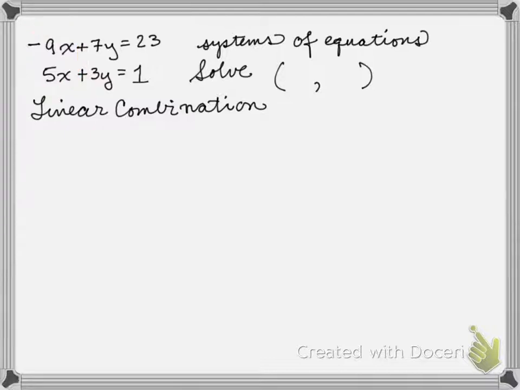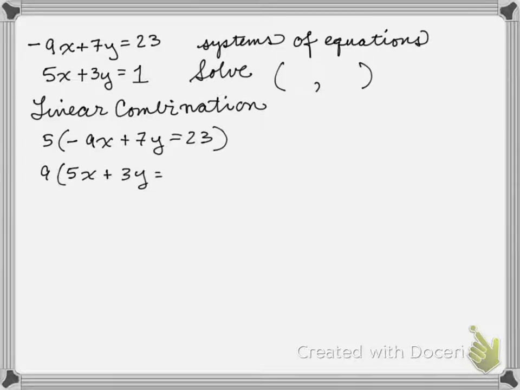So in this case, if I take the first equation and multiply that equation by 5, and if I take the second equation and multiply that equation by 9, the coefficients on the x values are going to be the same and opposite.